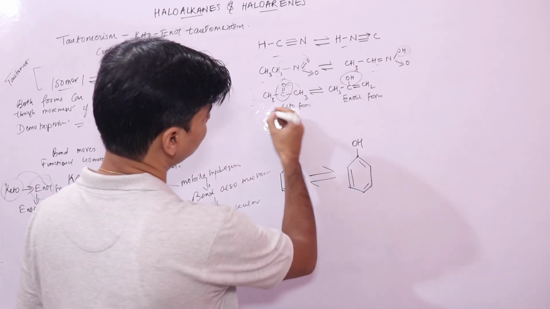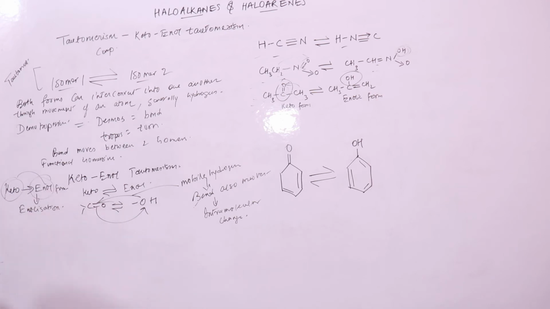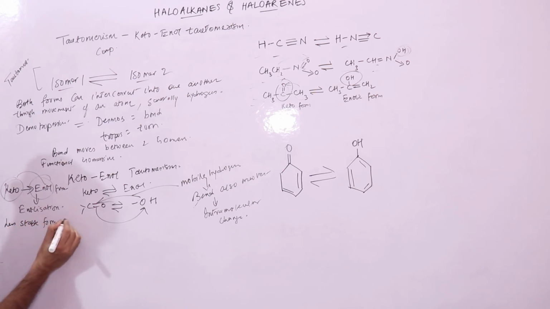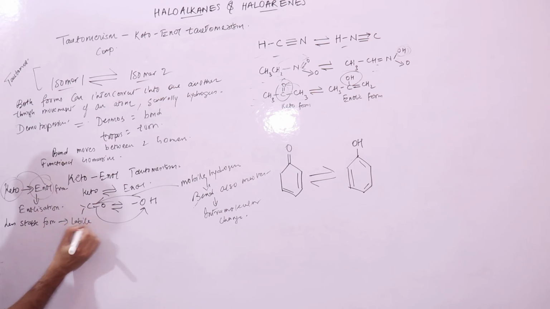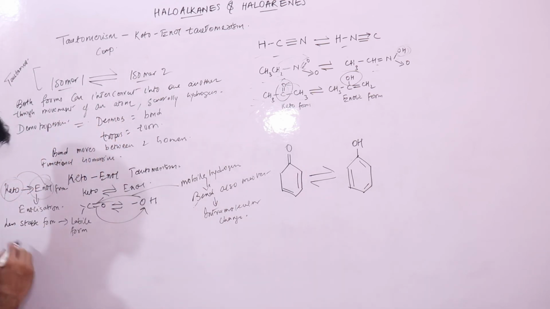Generally, keto form is more stable than the enol form, and the less stable form we call the labile form.